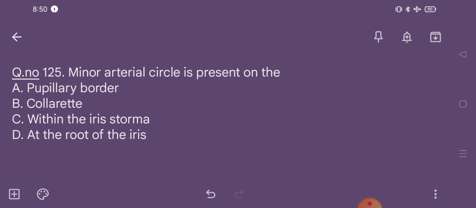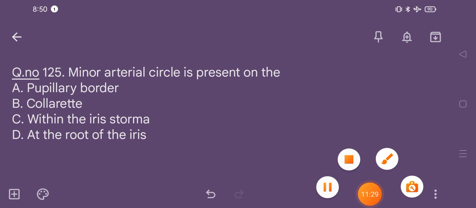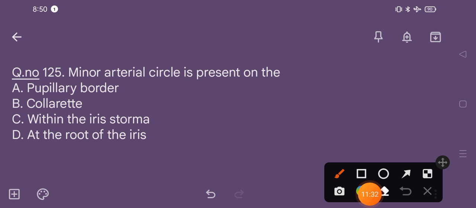Minor arterial circle is present on: option A, pupillary border; option B, collarette; option C, within the iris; option D, at the root of the iris. The correct option is again option B.